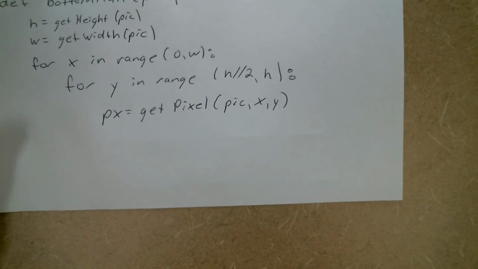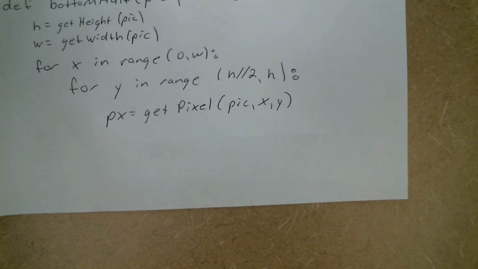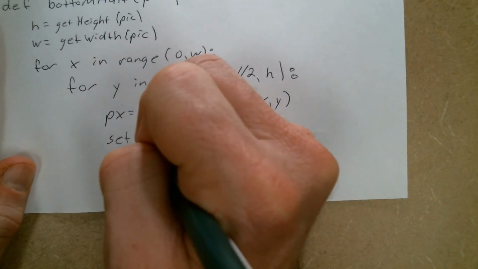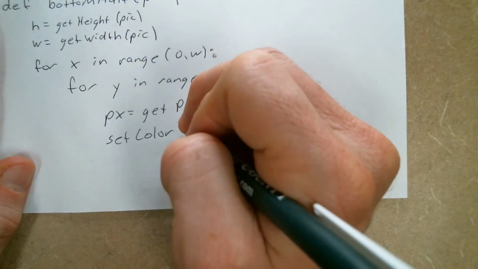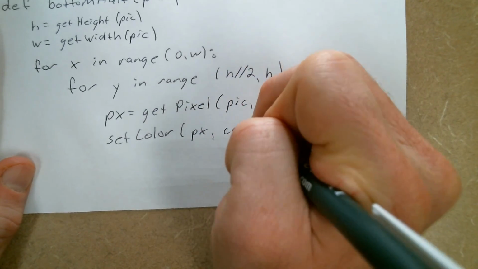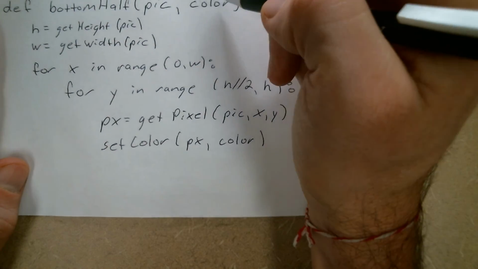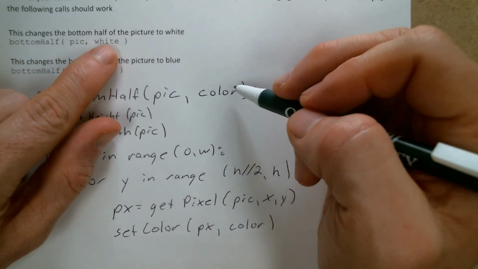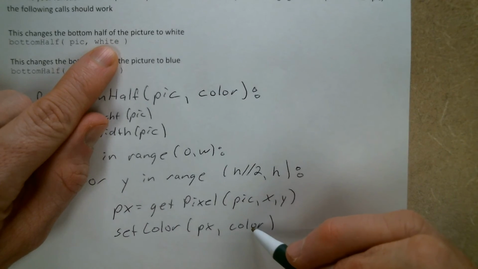Now, the only difference here, it's really a very tiny difference, so I pretty much just rewrote the exact same thing, is instead of setting color to blue automatically, I set it to the color. And again, that color was specified by the user. So if they call the function like this, white gets plugged in here.